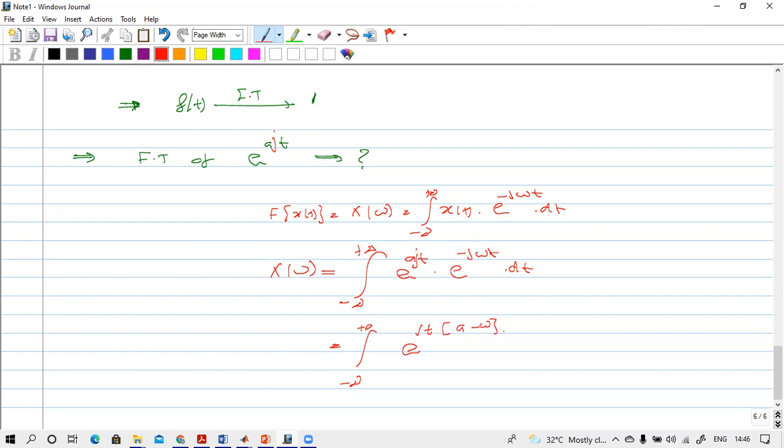We will consider just the exponential term, e to the power at.